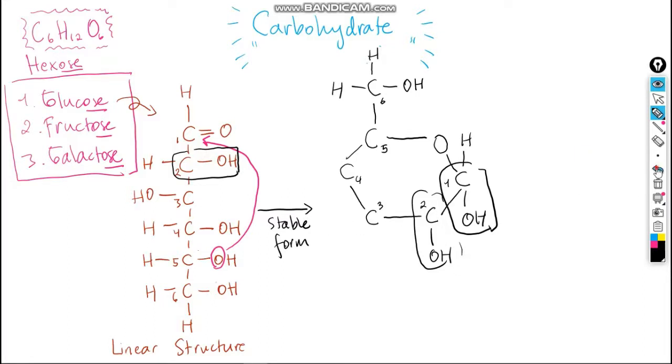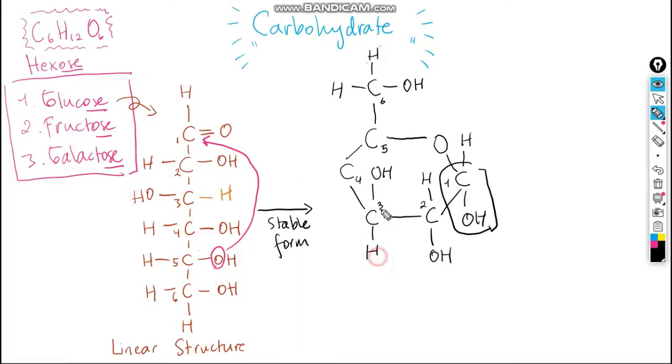So this should be a hydrogen, right? So carbon number 3, oops, I forgot to add one more hydrogen here. In carbon number 3 there is a different configuration. So the oxygen here takes the opposite side, I mean the hydroxyl group.